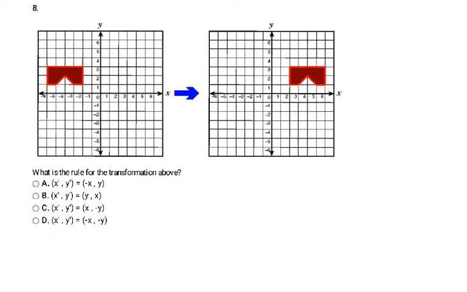And D says I take the opposite of both of them. So I'm going to go ahead and look at 2 points. I'm just going to pick any 2 so I can see if I can come up with a pattern. So this top corner here is -6, 3. And this top corner on the other side is 2, 3.